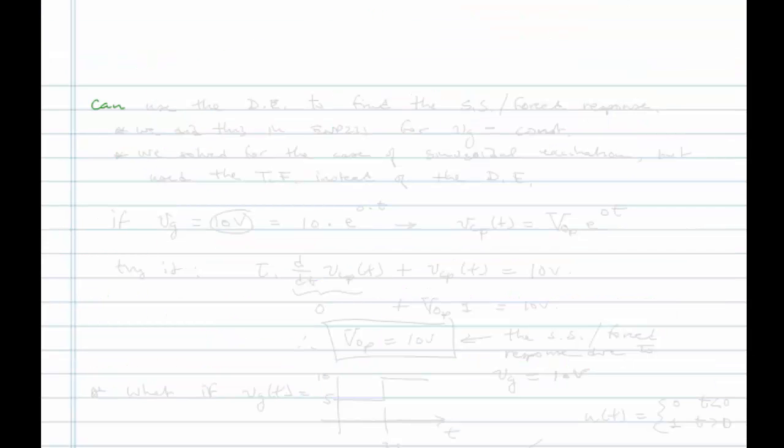Secondly, we can use the differential equation to find the steady state or forced response. Now, we did not take this approach in the circuits course. We did this in P231 for Vg equal to a constant.